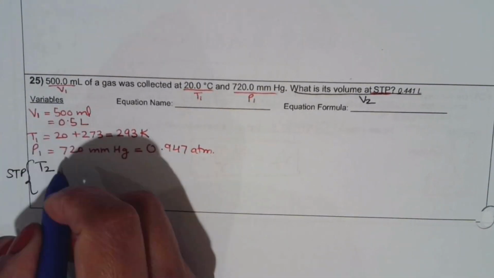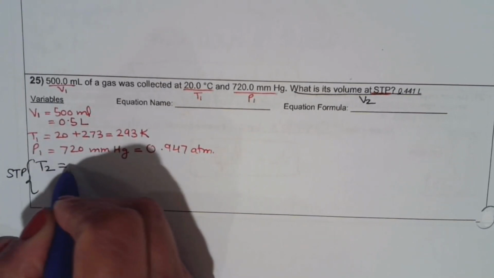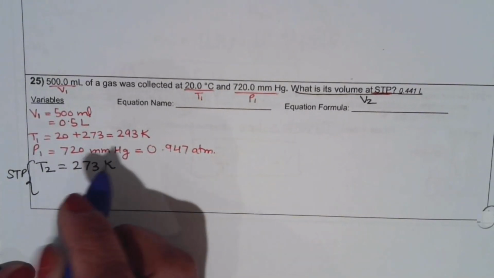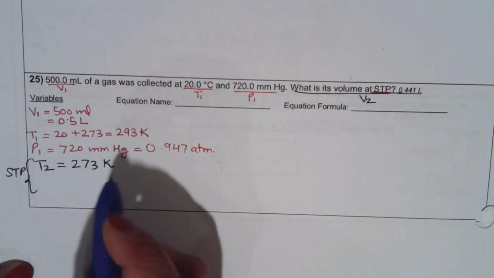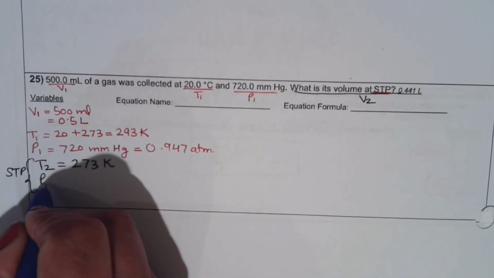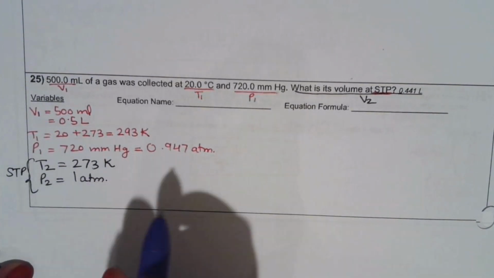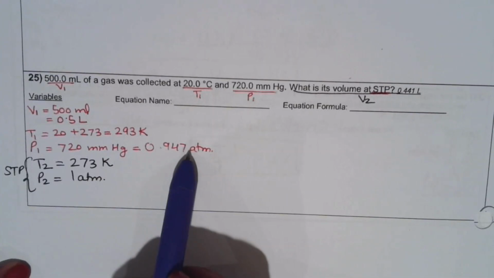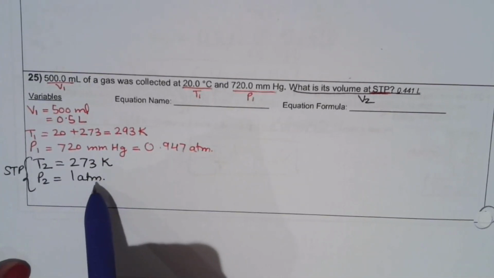Standard temperature is always 273 kelvins or 0 degrees Celsius. Since we need kelvins in the temperature scale, we are using 273 Kelvin. And standard pressure is always 1 atmosphere, right? That is why we converted the mmHg to ATMs, or you could have used 760 mmHg here, right?